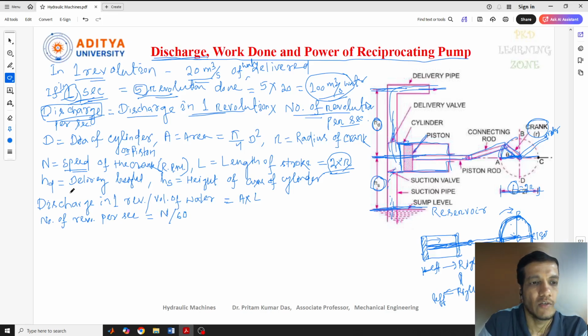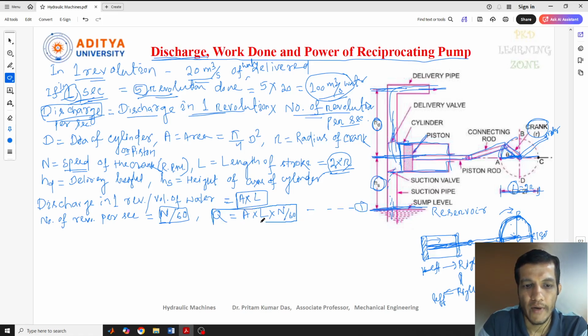Now from these two equations we can write Q, the discharge per second, equals the discharge in one revolution, A into L, times N by 60. Area is pi by 4 d square, L equals 2 r, and N by 60. So this is our first equation for the discharge. I hope you understand how we derived this.